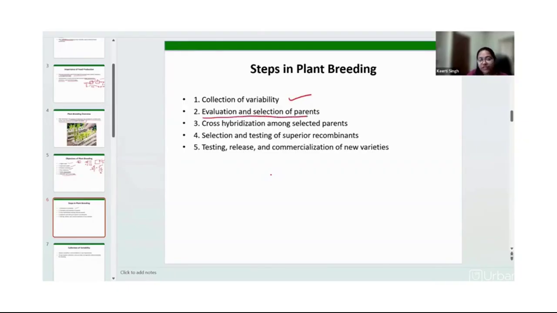After collection, we will evaluate and select our desired plant, right? We will cross hybridize among the selected plants, which will act as parents, of course. Suppose this plant is producing a high amount of protein, right? And this plant is disease resistant.